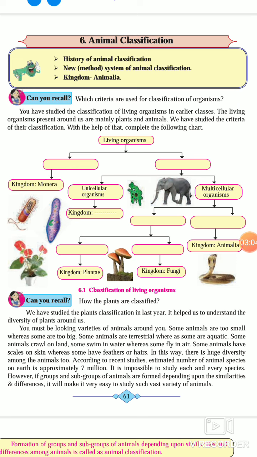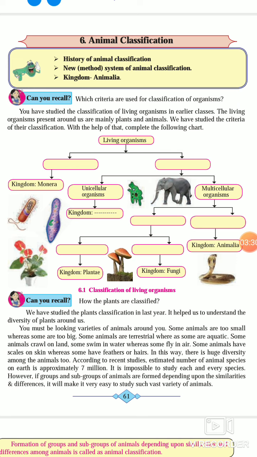Now in eukaryotes, what will happen? Organisms are divided into unicellular organisms and multicellular organisms. In unicellular organisms, we can include the kingdom Protista, isn't it? In multicellular organisms, we can include plants and animals, so kingdom Plantae and Animalia.